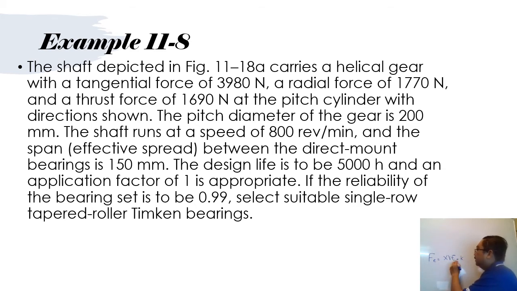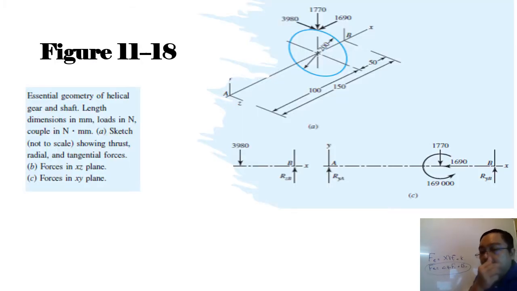For Timken, it is suggested as 0.4 Fr plus K Fa. It is suggested by the Timken company. If you are using a Timken bearing, you may find this equation is related to you.